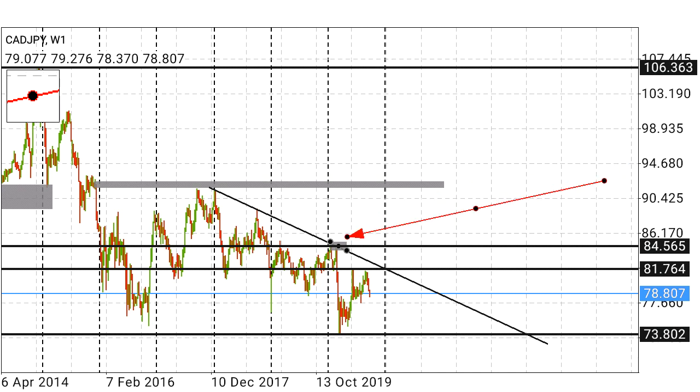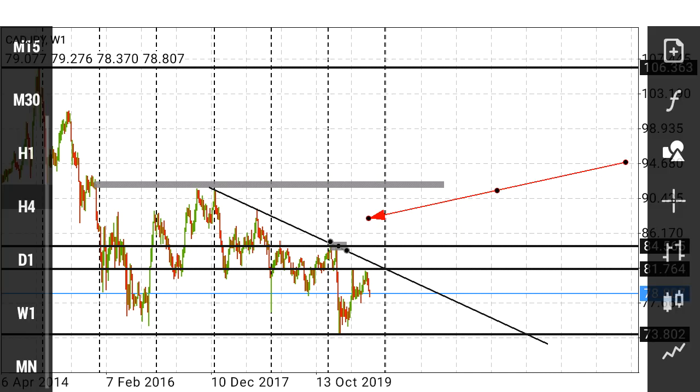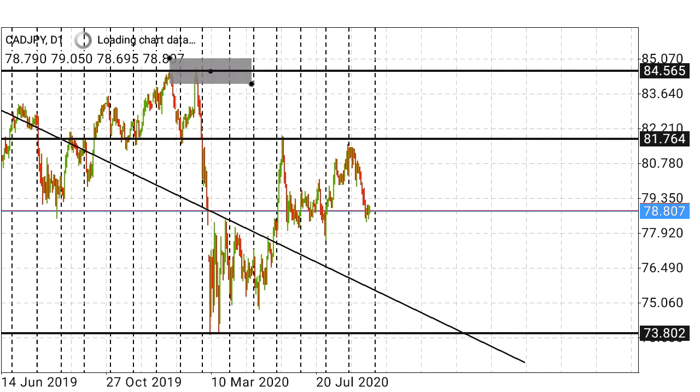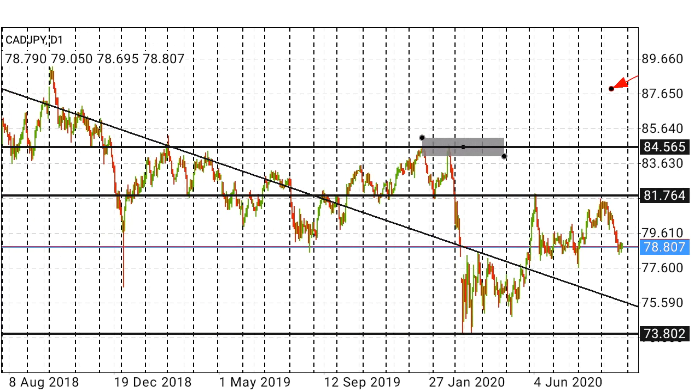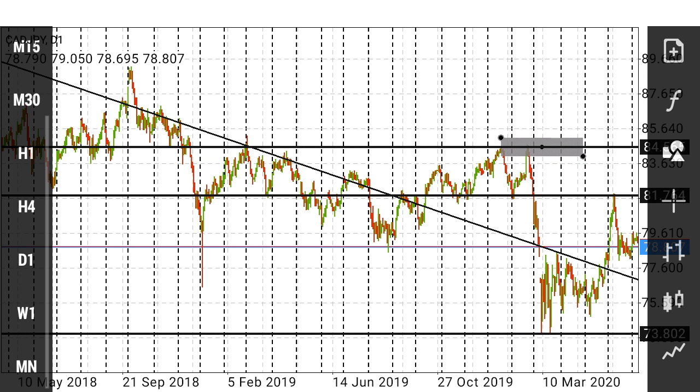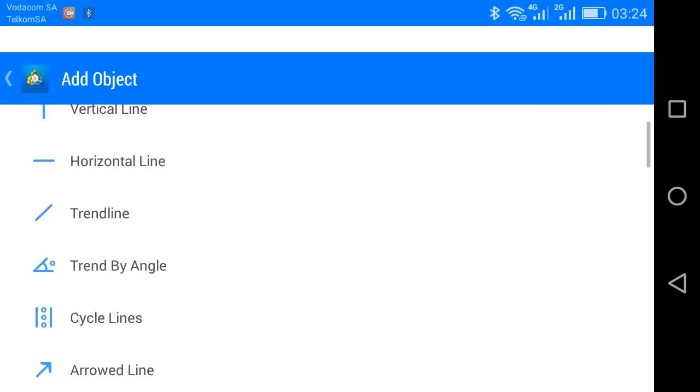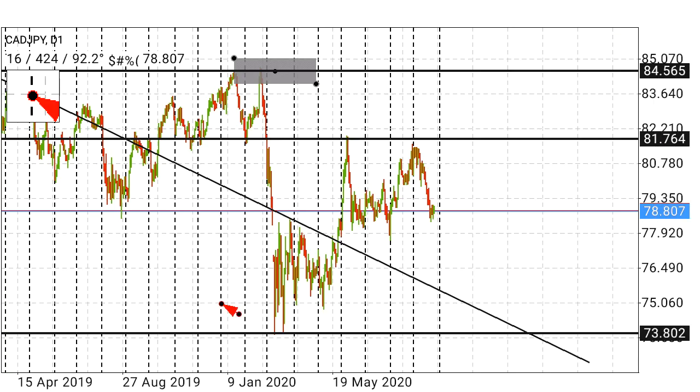This is where the price turned on weekly. You see? Let's go back to daily. See what we have here.